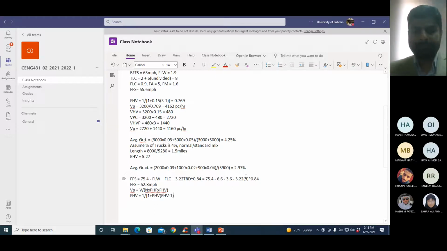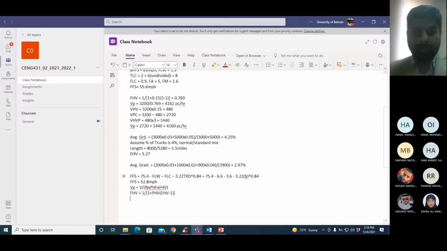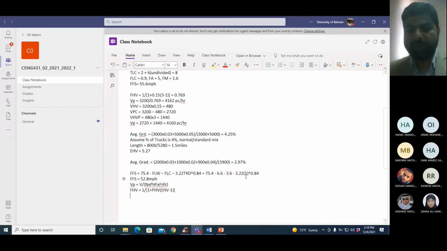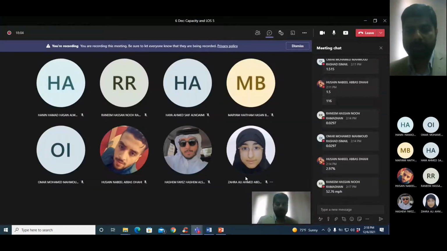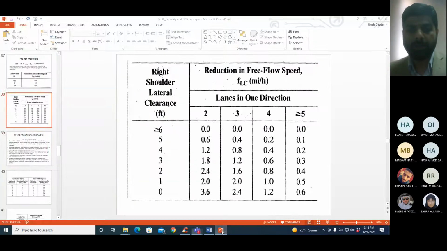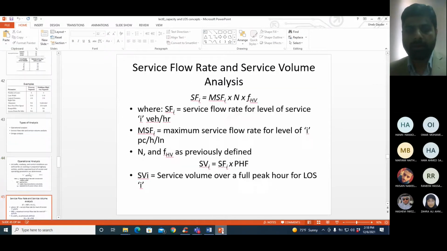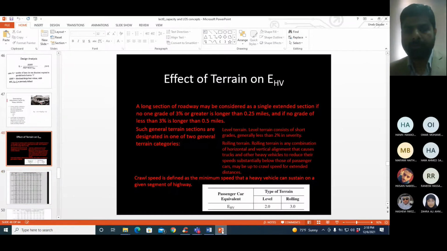1 plus PHV times EHV minus 1. Okay. So the percentage of heavy vehicles is given as 2%. EHV for rolling terrain. Terrain is rolling, so I will find out the value of EHV for rolling terrain. For rolling terrain it is 3.